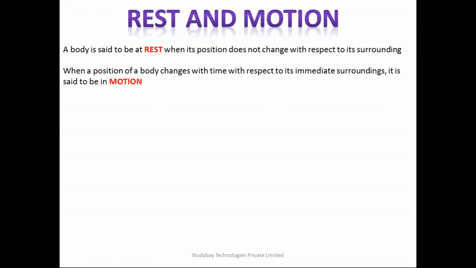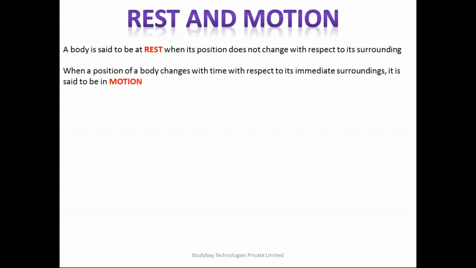Now, rest and motion are basically two relative terms. Let's say you are traveling by car, right? A person standing outside the car will look at you and confirm that yes, you are in a state of motion. But for a fellow passenger sitting with you in the car, your positions are not changing at all with respect to each other.